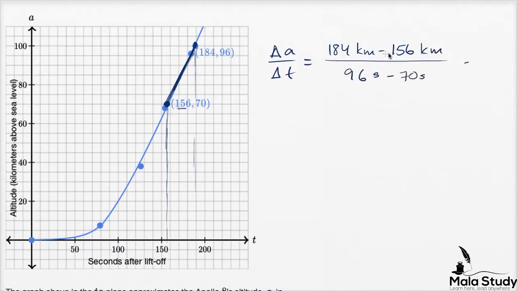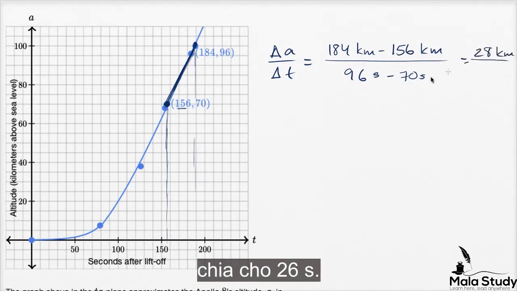So what's that going to be? 184 minus 156, that's about 20. Let's see, if this was 154, it would be 30. So this is going to be 28 kilometers over 26 seconds.